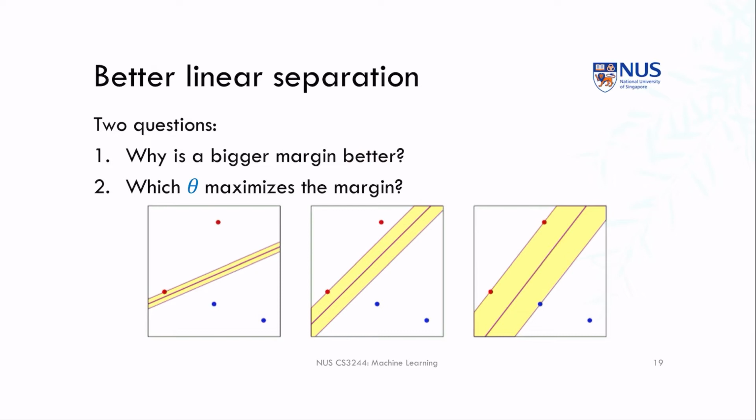It's going to hit both trees on the north side and a tree on the south side. It's going to be the fattest margin, fattest highway we can draw. Okay, and if we agree that large margins are better, then how are we going to optimize our theta, our parameters, such that the linear classifier can achieve this maximal margin output?